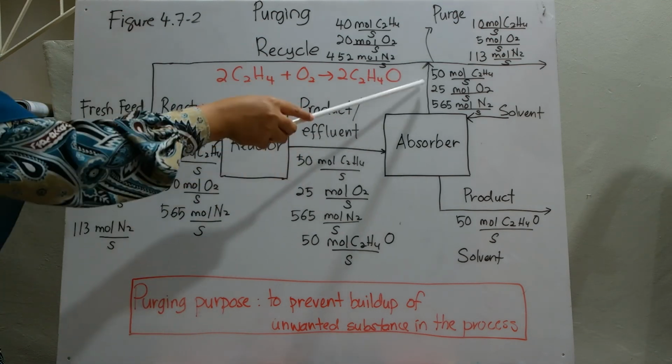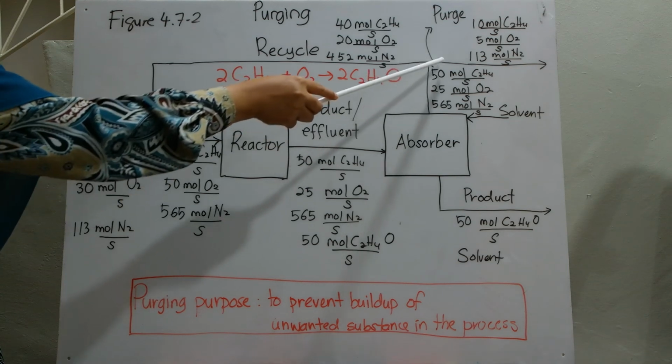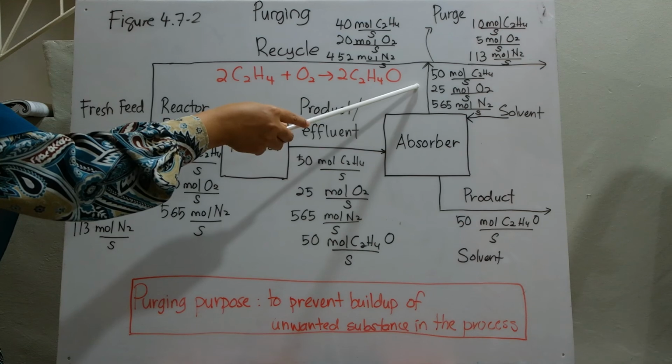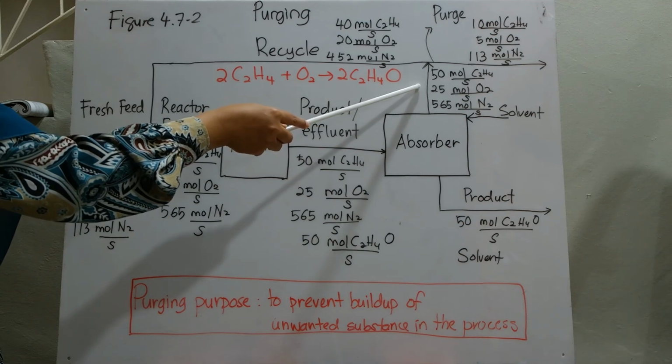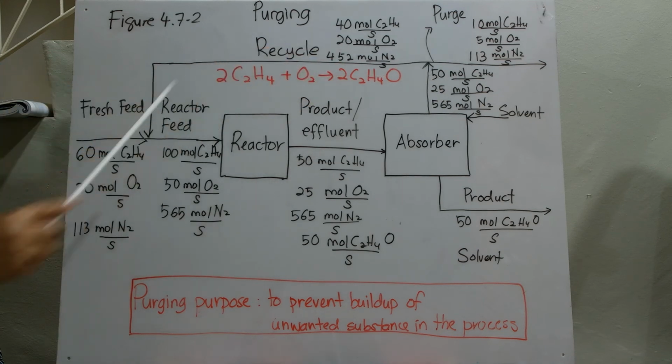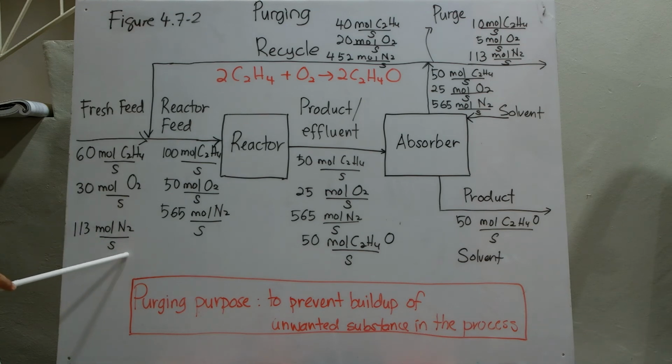When we have a purge line, that means the purge, the recycle, and the parent line of the product here must have the same composition, and the amount of purge that goes out must be equal to the amount of the unwanted compound that goes into the process.